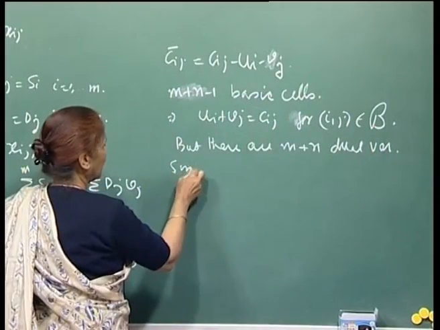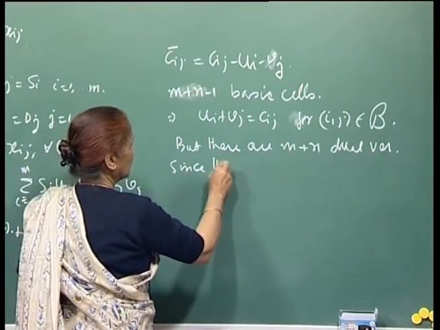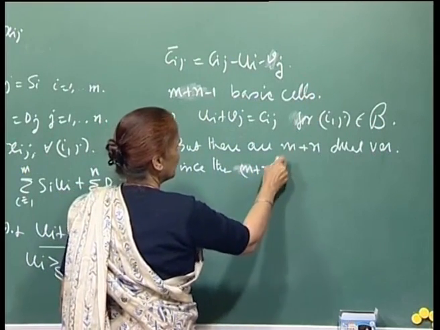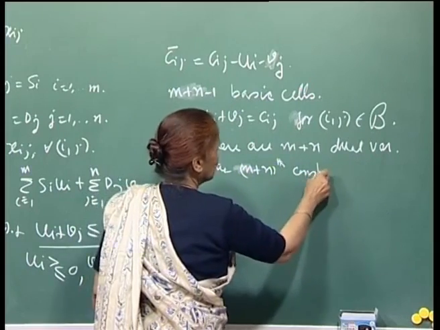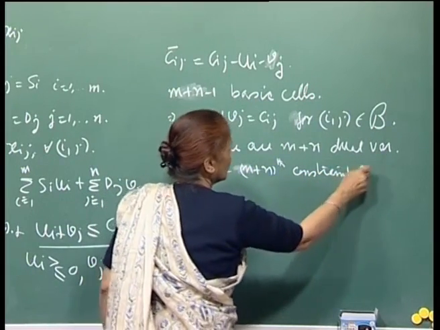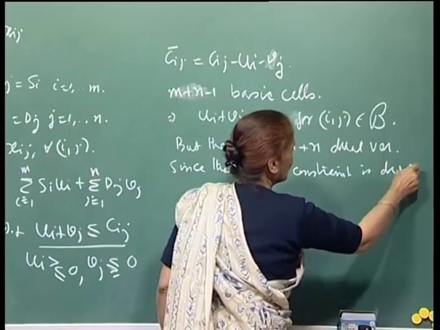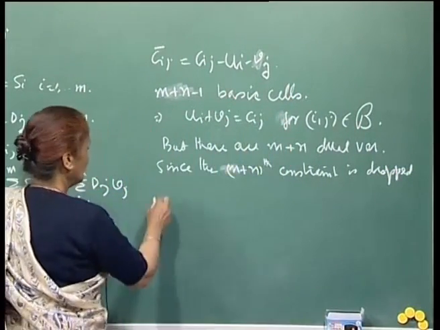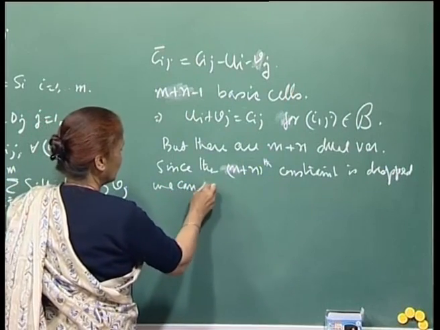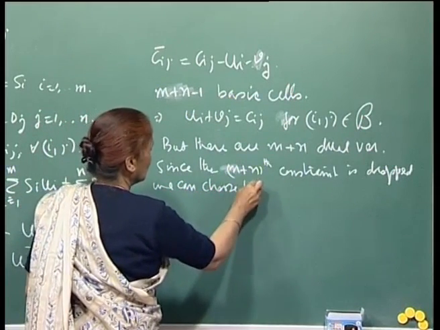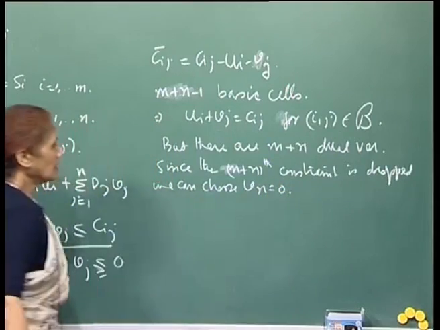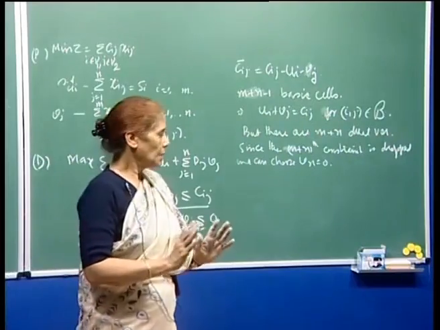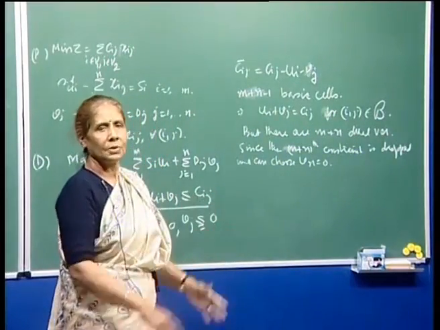Now, since the m plus nth constraint is dropped, we can choose Vn to be 0. Once I choose Vn to be 0, because the last constraint is dropped, the product will always be 0, right.